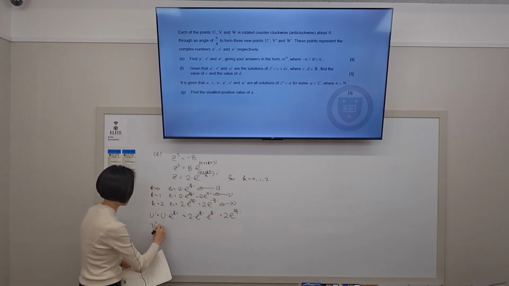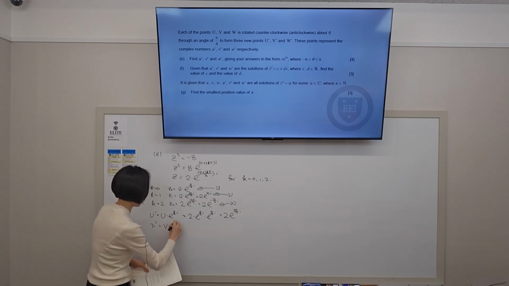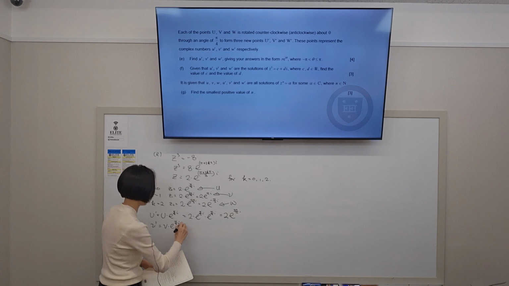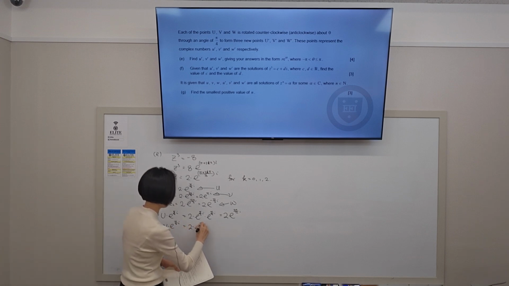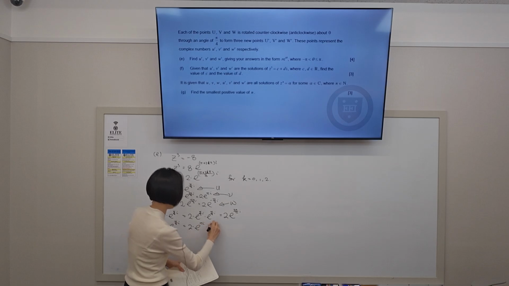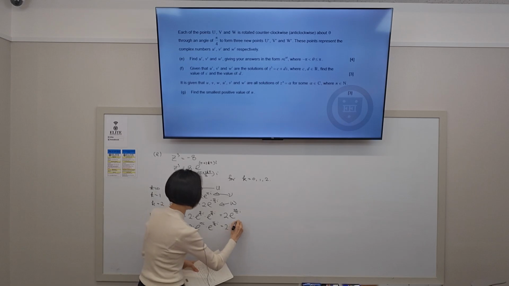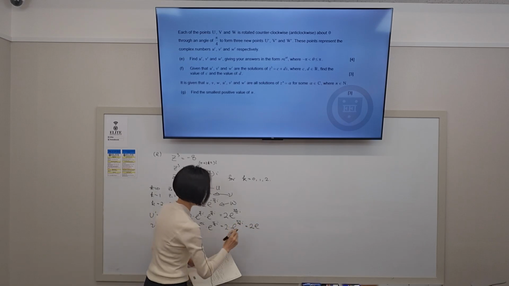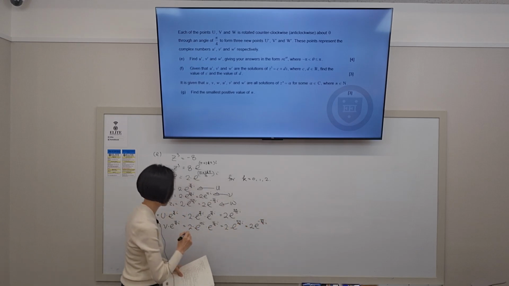And V dash would be V times e to the pi over 4i, which is 2 times e to the pi i times e to the pi over 4i, which is 5 pi over 4i, which is negative 3 pi over 4i.